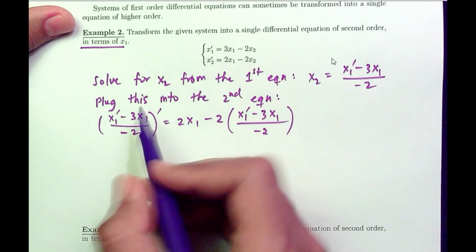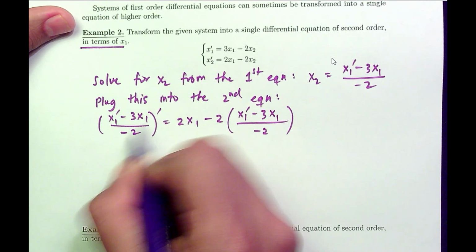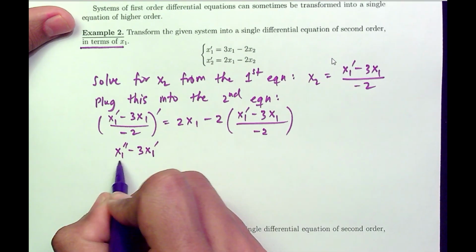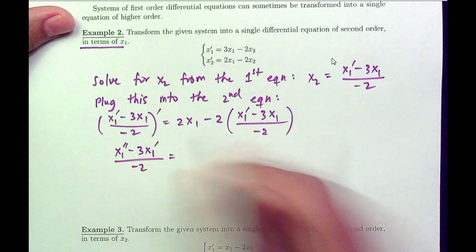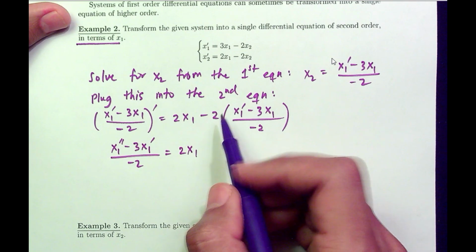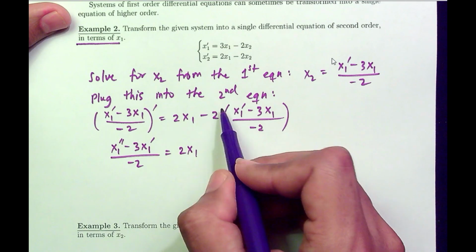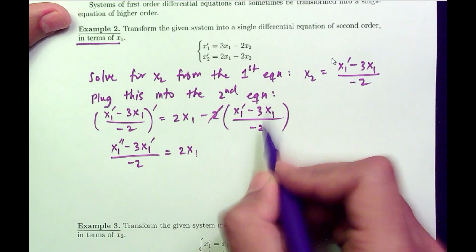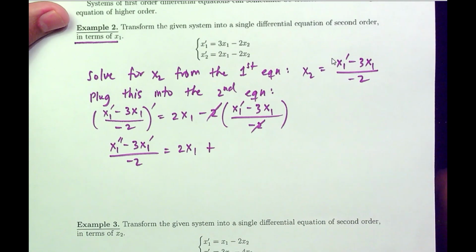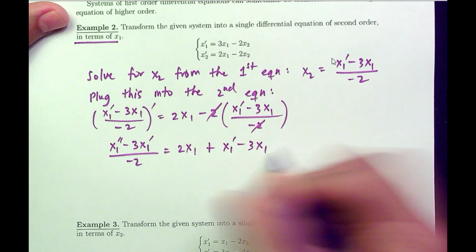Now let's simplify. This left-hand side we have to take that derivative, but this is an easy derivative. This is just x1 double prime minus 3x1 prime, all that over negative 2, equals 2x1. Negative and negative is going to give you positive, and then you can cancel the 2's. Again, the negative and negative becomes a positive, so you would have plus x1 prime minus x1.